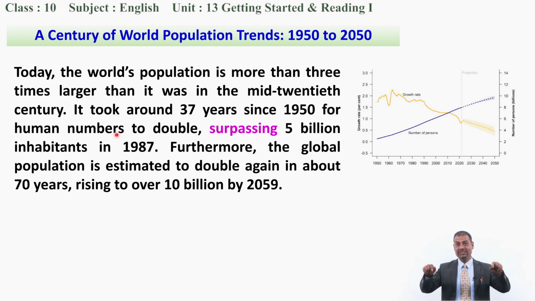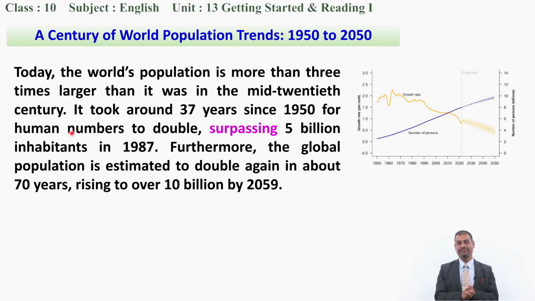In comparison to today, the size of the population was smaller. How many times? You are right again, more than 3 times larger. Now it means that in the mid-20th century, it was 3 times smaller. Is the idea clear? Good.